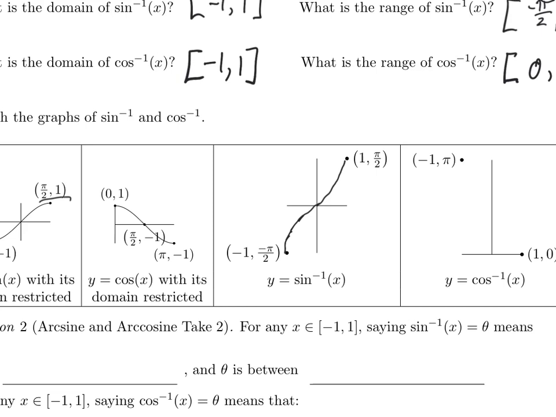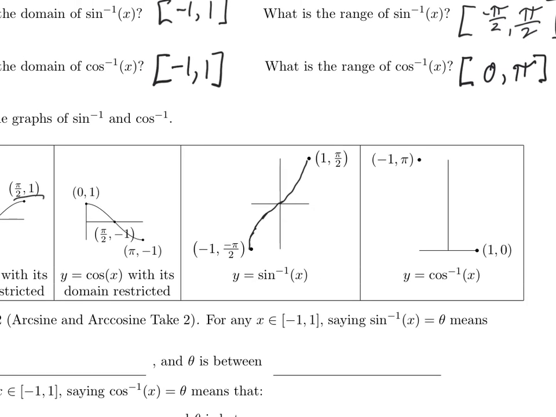All right, same thing for cosine. The graph of cosine goes through the point 0, 1, so the graph of inverse cosine will go through the point 1, 0. And the graph of cosine at 0, 1, you see it has no slope.